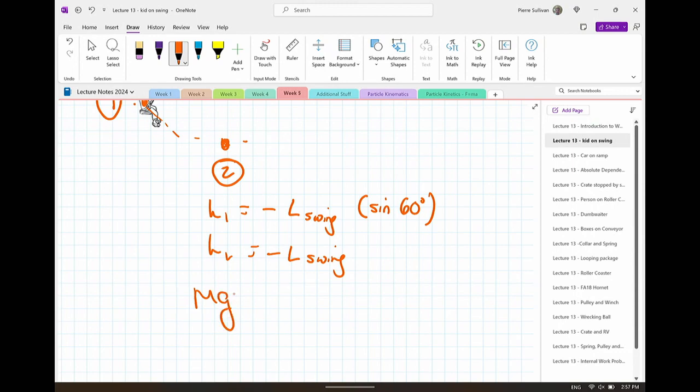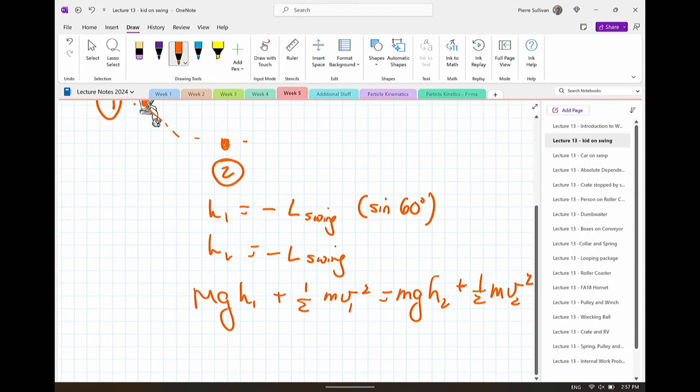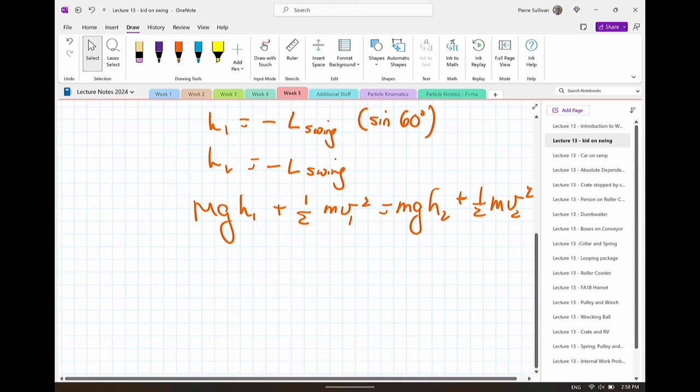So if I look at that term, I have gravitational potential energy. I have kinetic energy at the beginning, gravitational potential energy at the end, and kinetic energy at the end.